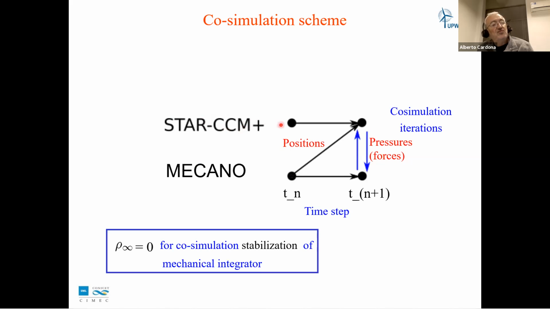STAR-CCM+ computes the flow, and in return, it gives pressures or forces at the interfaces to Mecano, and this process can be iterated in what we call cosimulation iteration, up to a given moment where we consider we have convergence.